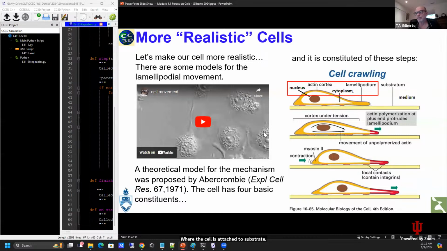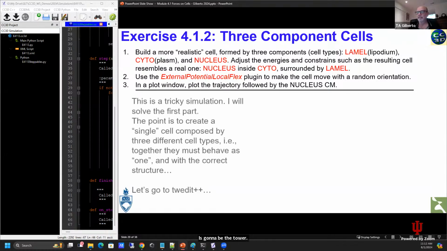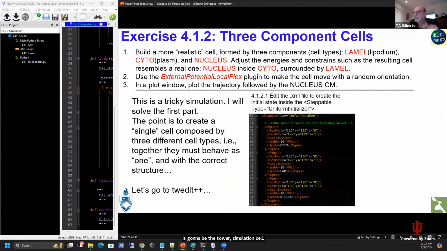This is going to be our simulation cell types here. So let's go. At the beginning, we'll create only the three-part cells.